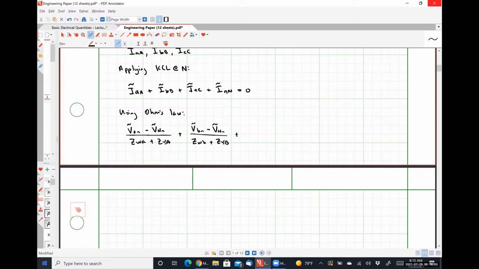My current ICC will be VCN, lowercase n, sorry, minus VNn over ZWC plus ZYC. And then lastly here, I want my voltage, my current flowing through my neutral connection here.